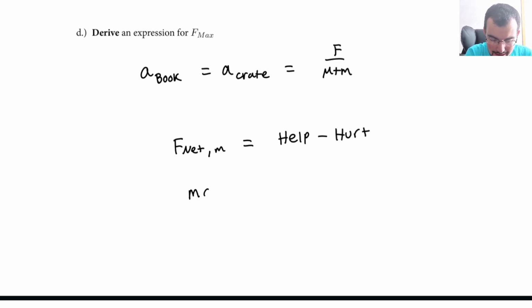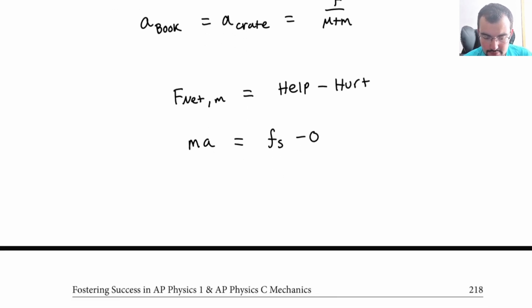So F net is ma. Static friction is actually helping the block accelerate. Nothing is opposing its motion. The acceleration we said was going to be equal to F divided by m plus m. But in this case, we're looking for this max force F.